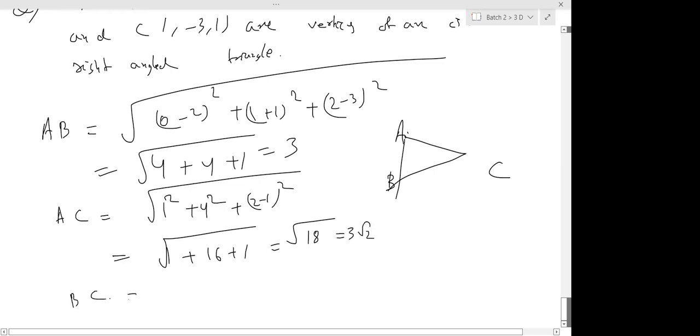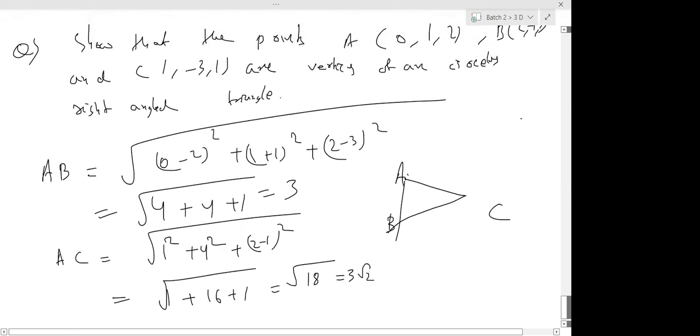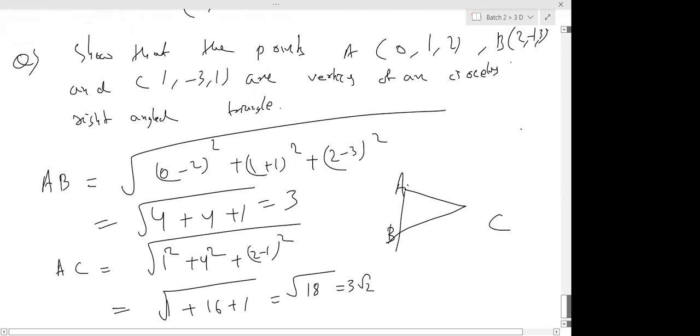Now what is left? BC. BC will be (2 minus 1) square, that is 1 square, plus (minus 1 plus 3), so 2 square, plus (3 minus 1), so 2 square. So this is also 3.